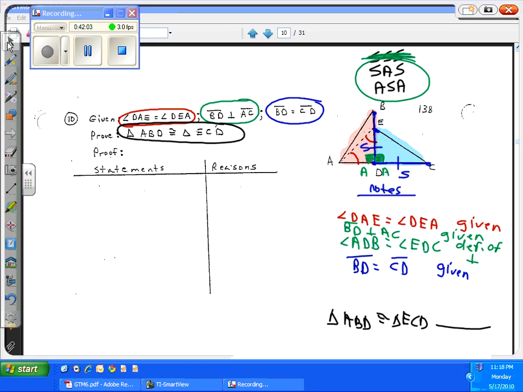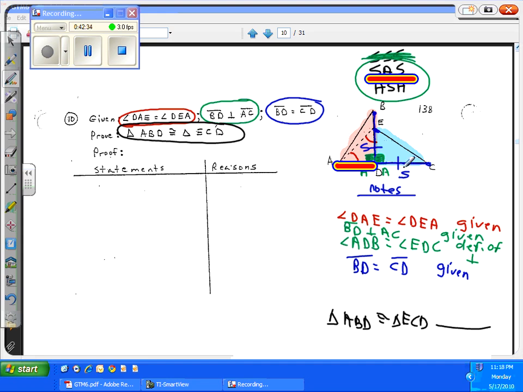Now, here's the thing, and we'll try to color code this. If I'm going to prove that they are congruent by side angle side, let's just say, then what I have is a side and an angle, and I would need the very next side, which is that.